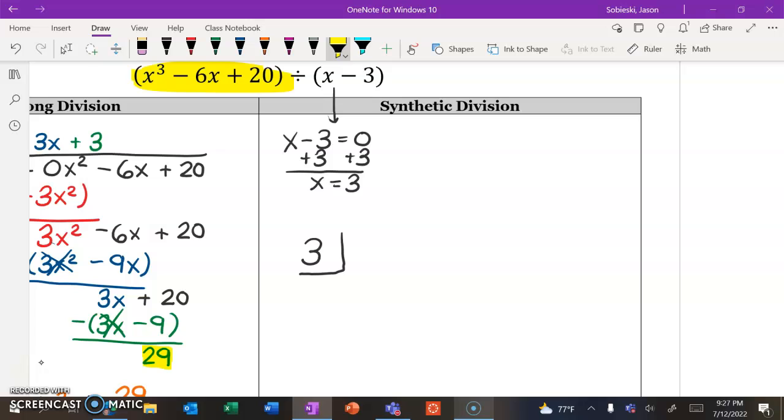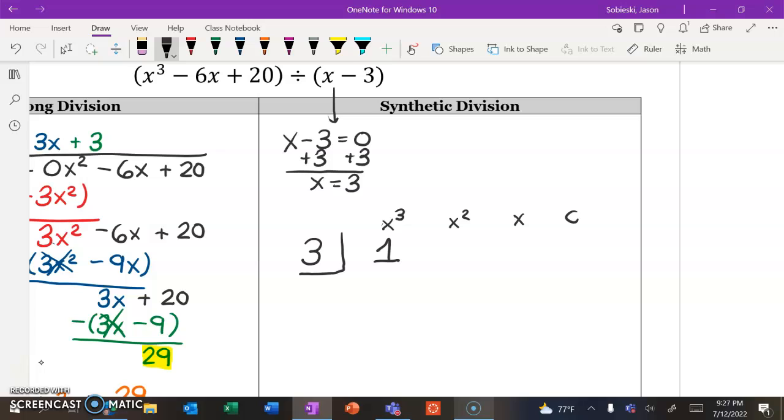The next thing that we need to do is go back to our dividend, x cubed minus 6x plus 20, and write down the coefficients of all the terms. So it's an x cubed term, so there should be something for x cubed, x squared, x, and I'm going to put c for the constant. The coefficient of the x cubed term is a 1.